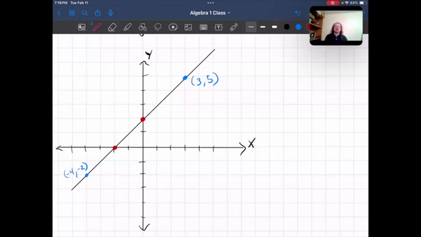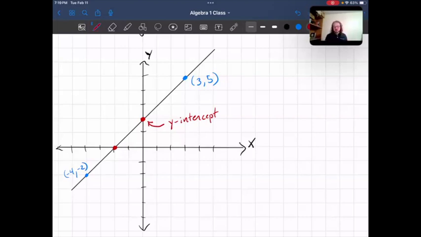They're particularly important because they intersect the y-axis and the x-axis. So this one that intersects the y-axis, it's actually the intercept. Right? So it's intercepting with that line.